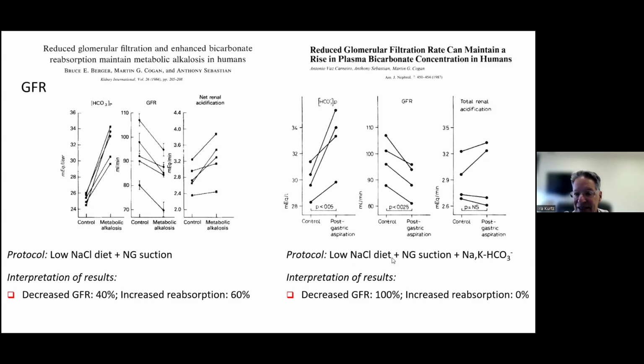So when he created the metabolic alkalosis with NG suction, and he also gave sodium or potassium bicarbonate, in that situation, it was solely the drop in the GFR. There was no increased tubule reabsorption that accounted for the maintenance phase. So here is just, I think it's the only study in humans looking at GFR versus tubular reabsorption, trying to break it up into one or the other.